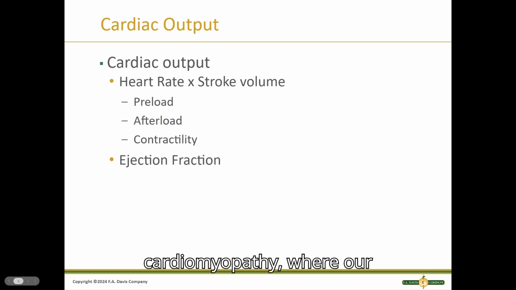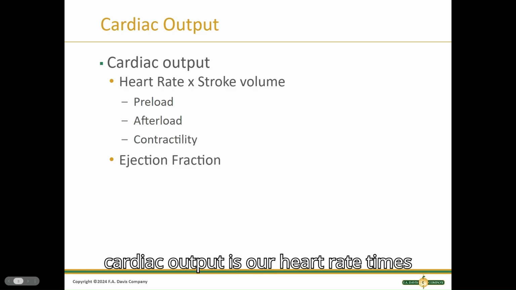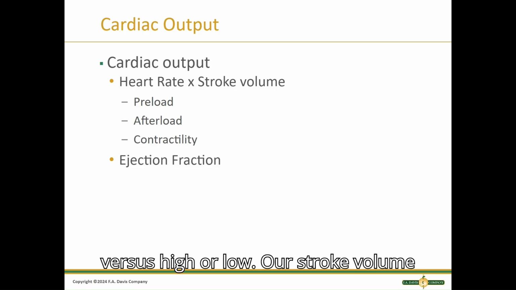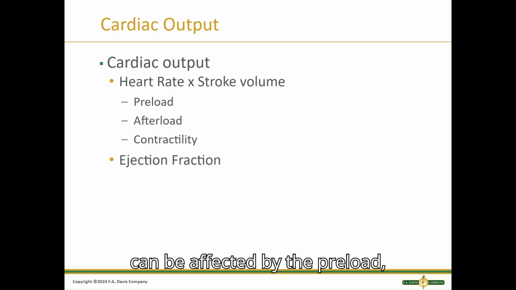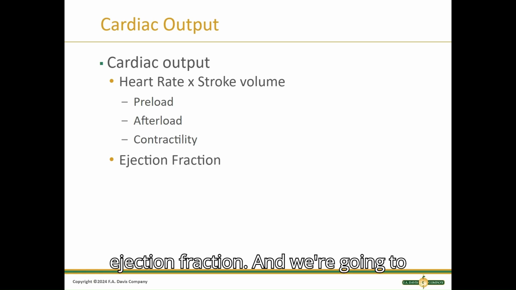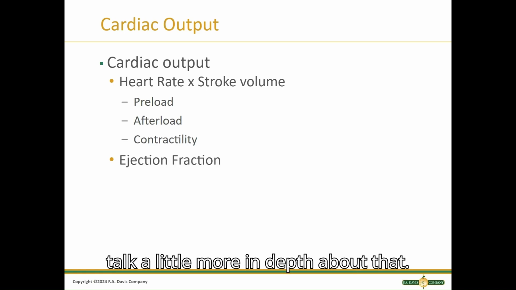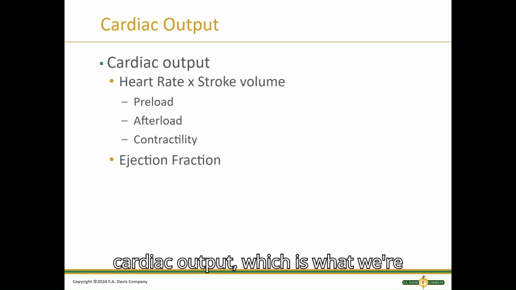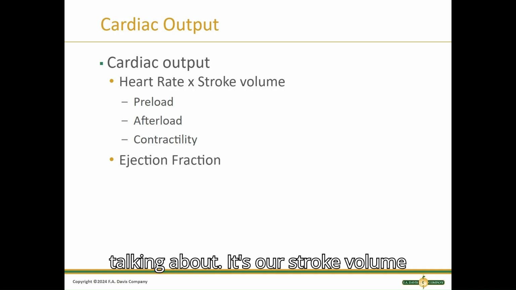So one of the things that we're going to be looking at with this monitoring is our cardiac output. We talked about this with cardiomyopathy, where our cardiac output is our heart rate times our stroke volume. Heart rate is affected by being high or low. Our stroke volume can be affected by the preload, afterload, or contractility, and with our ejection fraction.